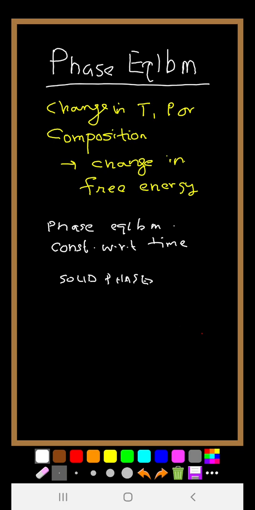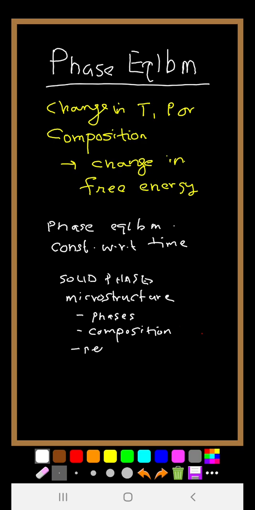In this regard, the state of the system is reflected in the characteristics of the microstructure, which essentially include not only the phases present but also their compositions, the relative phase amounts, and the spatial arrangement or distribution.